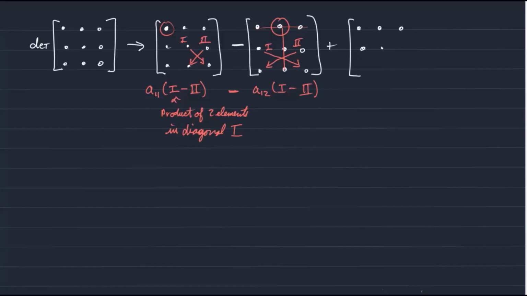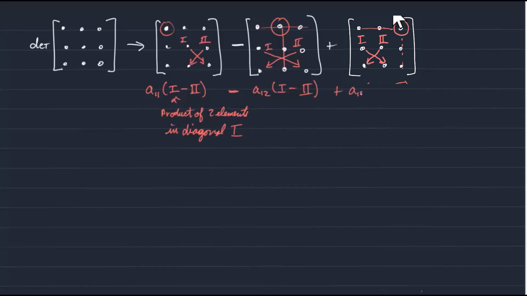And then we add to it the result when we take the third element of the column, and then again we cross out the row and column of that element, and we multiply from upper left to lower right the two elements in diagonal I, and from upper right to lower left the elements in diagonal II.